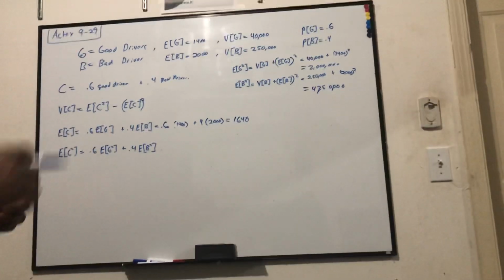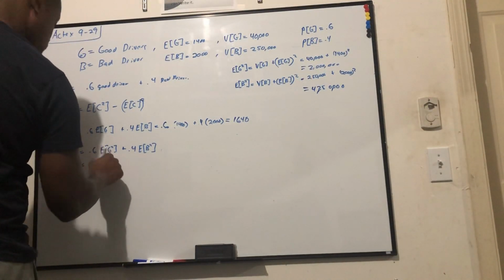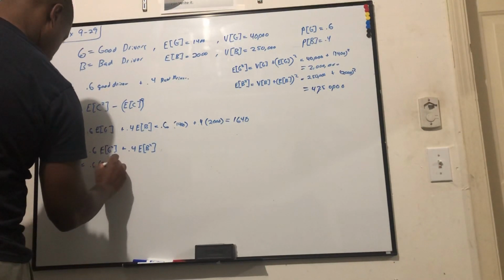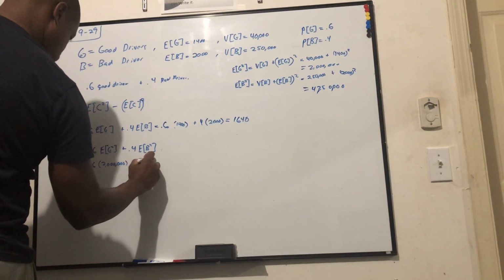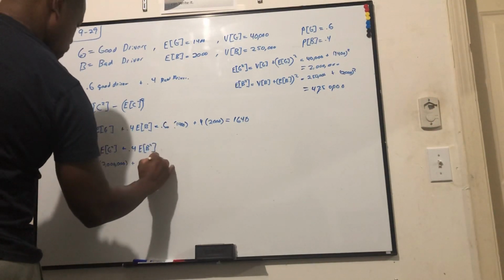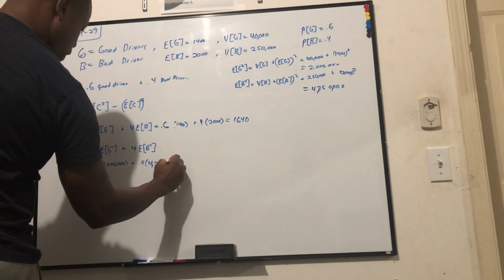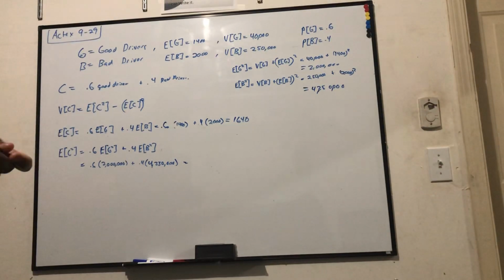All right. So the second moment would be 0.6 times G, which is 2 million, plus 0.4 times 4,250,000. Okay, let's see what we got.